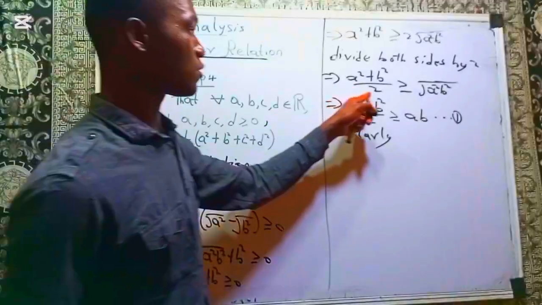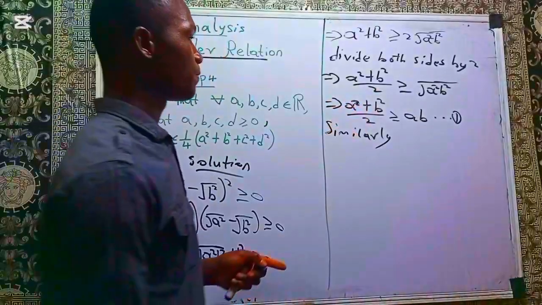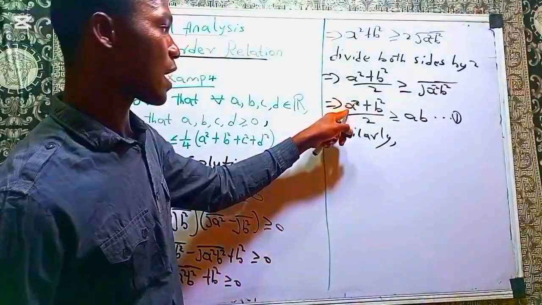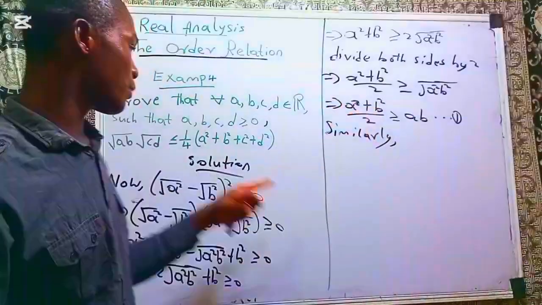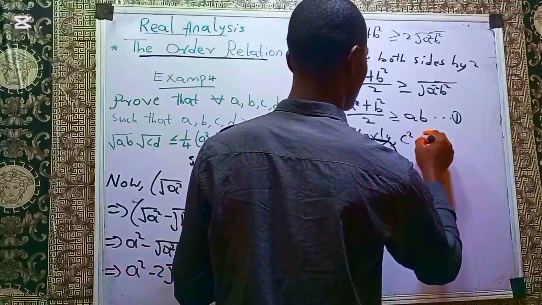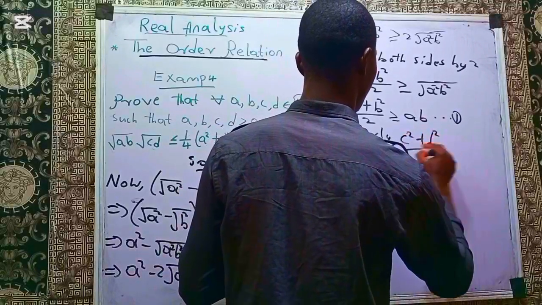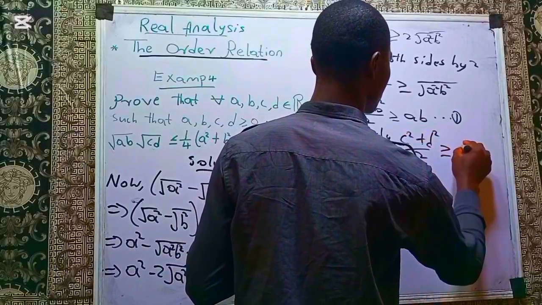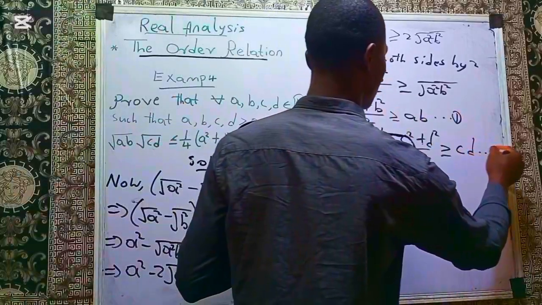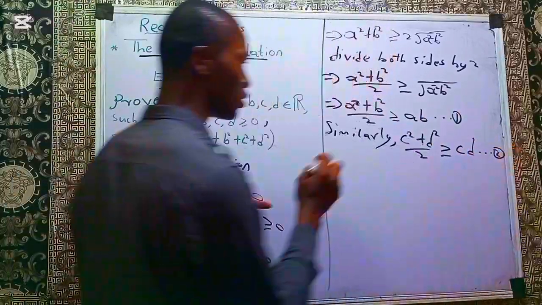So the same thing that happens for a and b will also happen for c and d. That's why I wrote similarly. Similarly, (c squared plus d squared)/2 will be greater than or equal to c times d, as it happened for a and b. So I can call this 2.